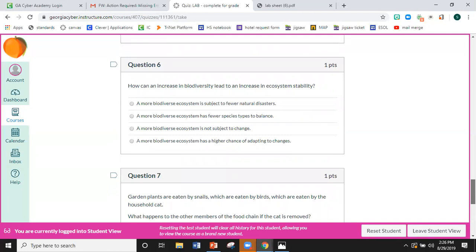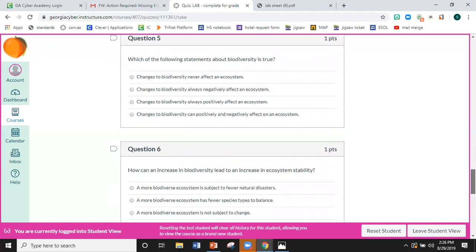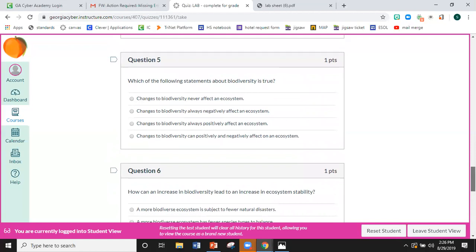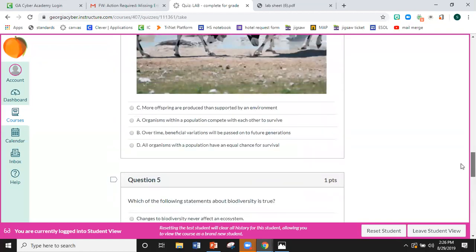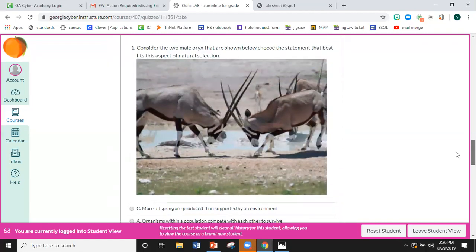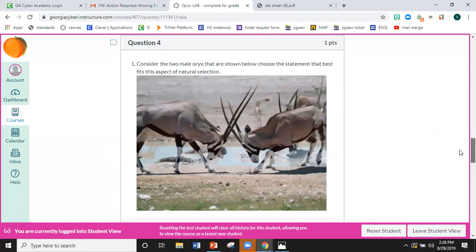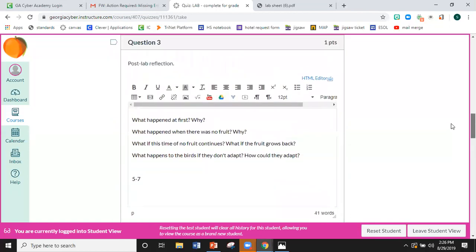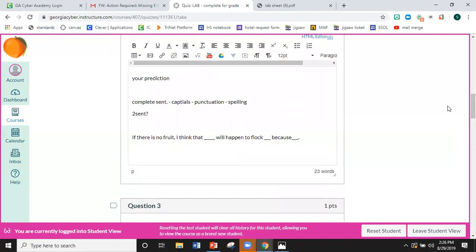Question 6 is ecosystem biodiversity that we talked about this week. Question 5 is biodiversity that we've already covered. I'm sorry, question 4 is natural selection that we just did. So the 3 that we covered plus the multiple choice are a review of everything we've covered this week.